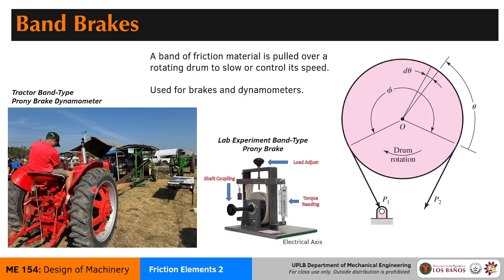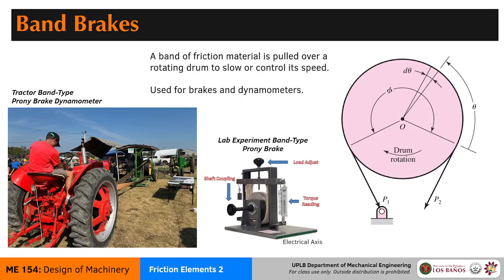This is one of those rare moments where you still have these kinds of belt drives. I think you've seen this in ME45, and I hope you still remember it. The engine drives the band, the band drives this wheel, and this wheel is connected to a dynamometer, which reads the torque and the speed produced by the tractor.